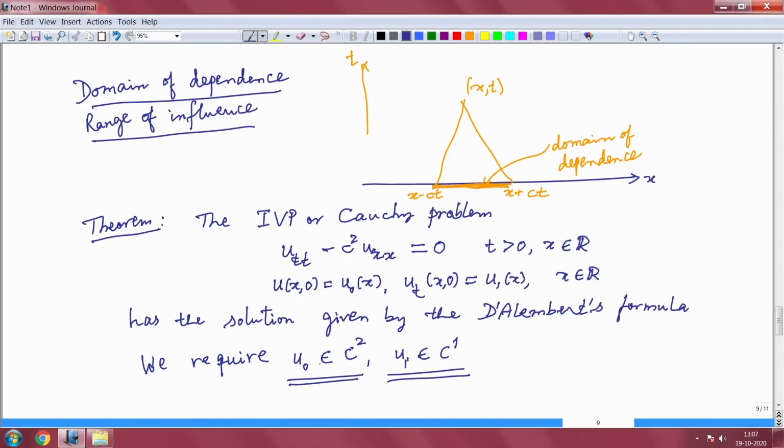What happens if I relax this condition? Let us take some examples and see what we get. Of course, we do not expect a C2 solution, but we will see what happens.